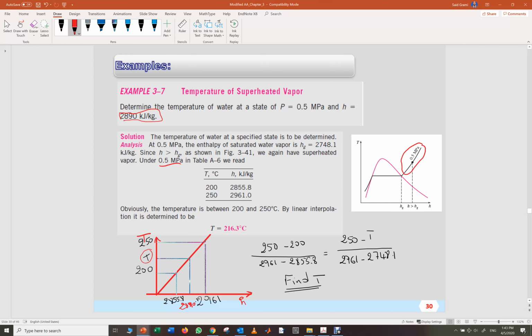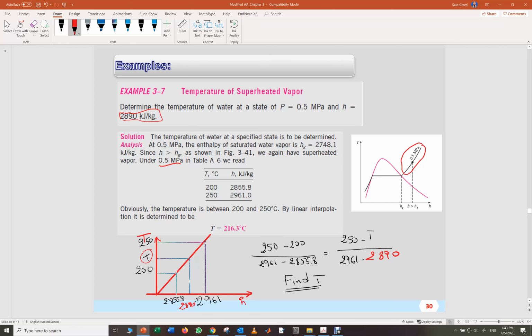Since we have a line, we have the same slope at each point. So we can write 250 minus 200 divided by 2961 minus 2855.8, which is the slope of the line. It will be equal to 250 minus T divided by 2961 minus 2890.